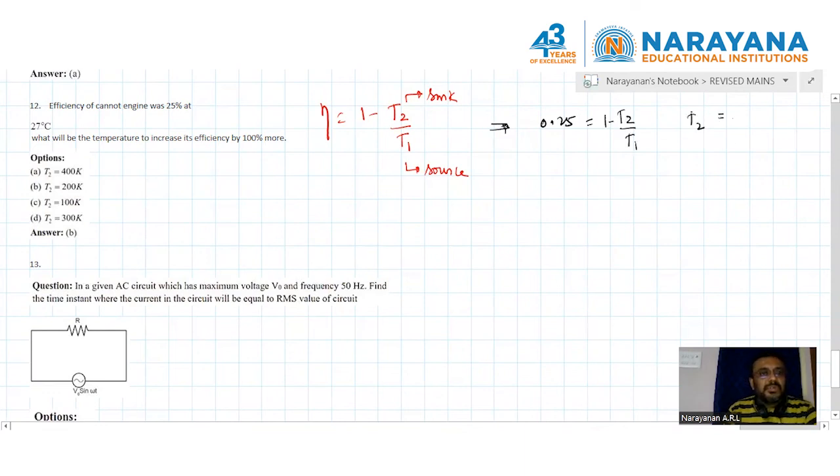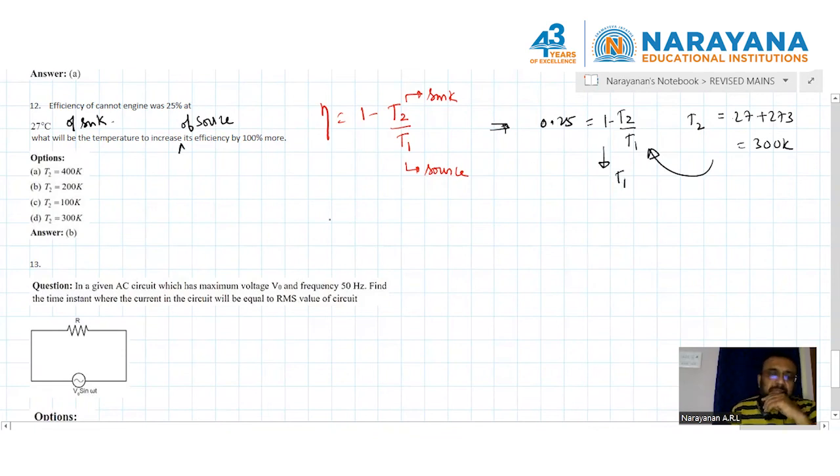T2 is the sink temperature, 27 degrees. The question is the efficiency of Carnot cycle at 27 degrees of sink. What will be the increase in temperature of the source? This is 27 plus 273, which will be 300 Kelvin. Use this expression to calculate the value of T1.